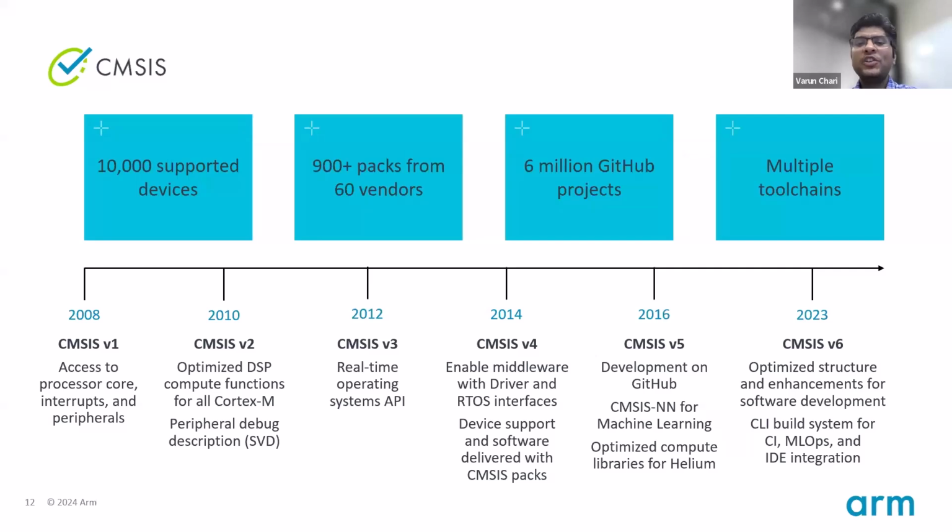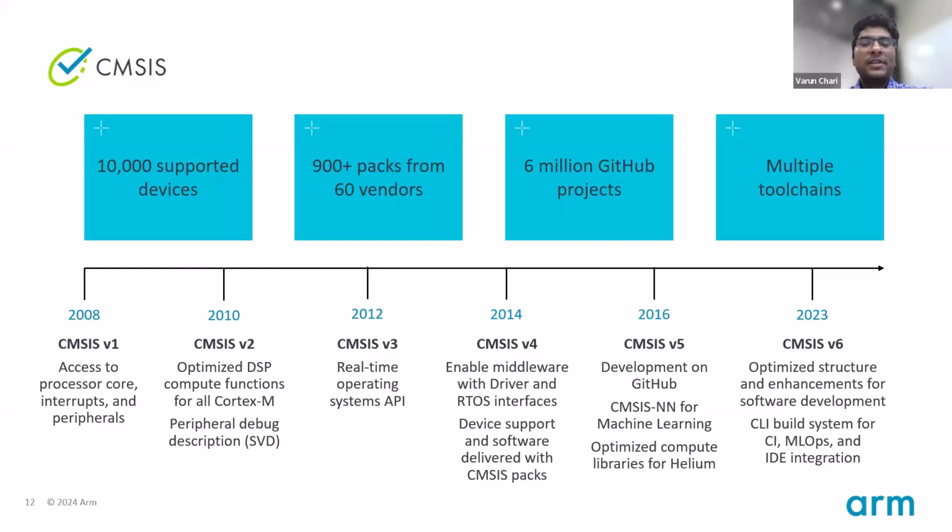And then recently in 2023, we released CMSIS version 6, which built upon that. We added support for CI/CD, MLOps, and IDE integration like VSCode, which I will also be talking about in this talk.